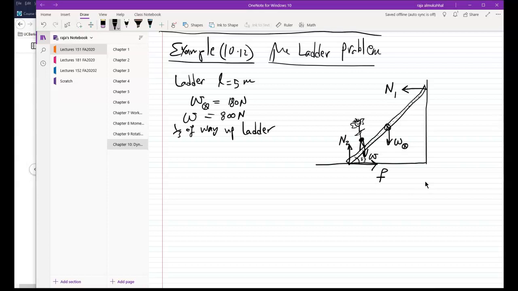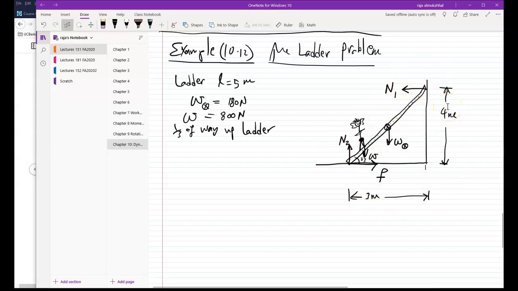Okay? Now, he said the length of the ladder is 5. And he said the whole formation is a 3, 4, 5 triangle. So that makes it, this is 4 meters right here. That's just given to us, which is nice. And this is 3 meters. Okay, and the hypotenuse, of course, which is the length of the ladder, is 5. So 3, 4, 5. Okay?